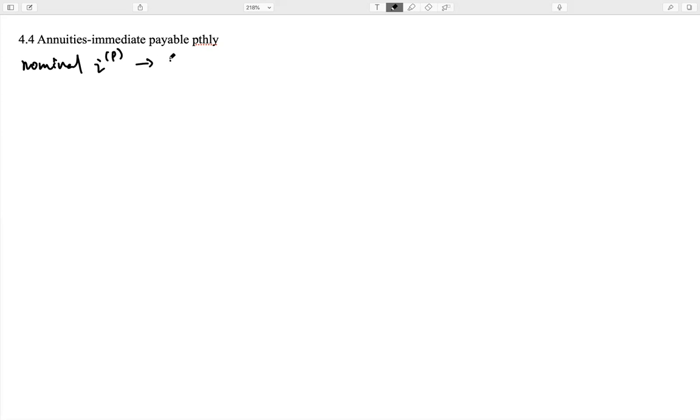So we hardly use it directly. You can think of this as somehow a notation. The only place we somehow use it is to get the effective interest rate per period.